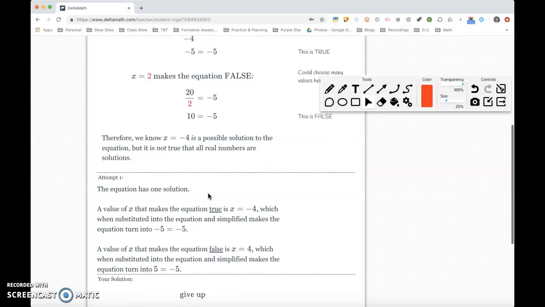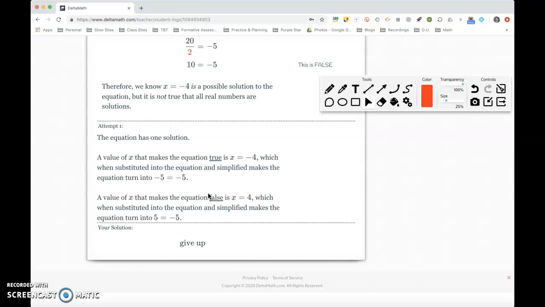Well, if we look at the student solution, it says the equation has one solution, and that sounds good. A value of x that makes the equation true is x equals -4, which when substituted in simplifies to make the equation into -5 equals -5. So that looks really good.